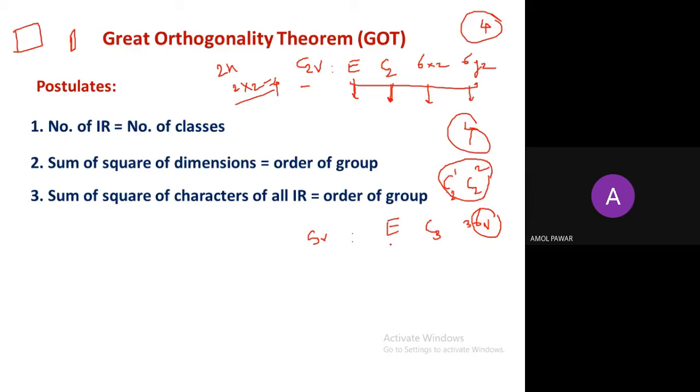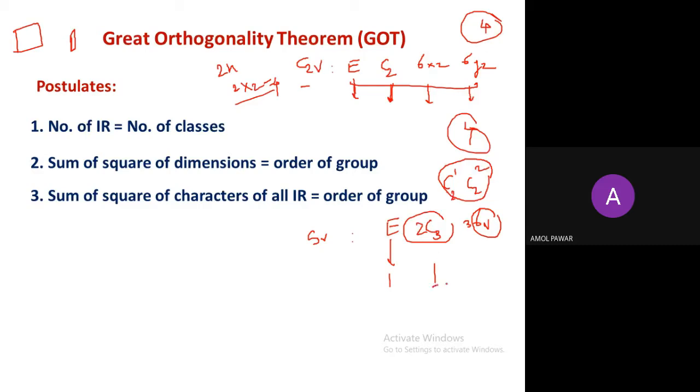How many C3? Here 2 C3, and they form one class, because C3 1 and C3 2 are in one class.